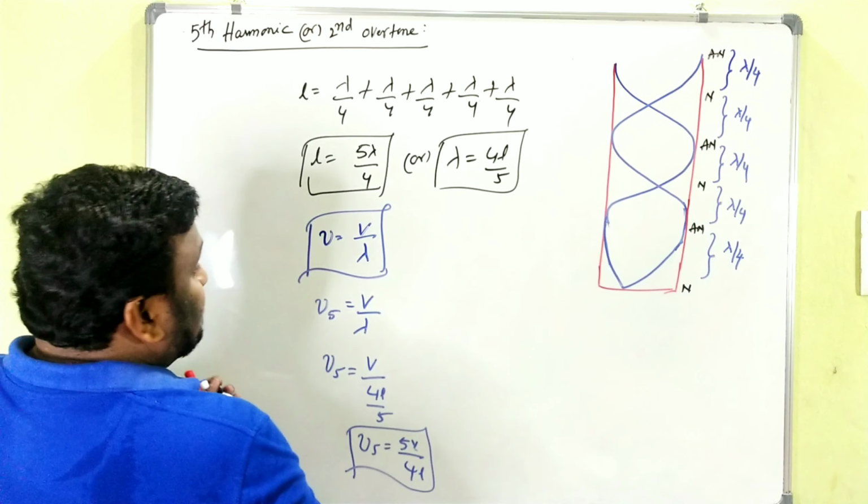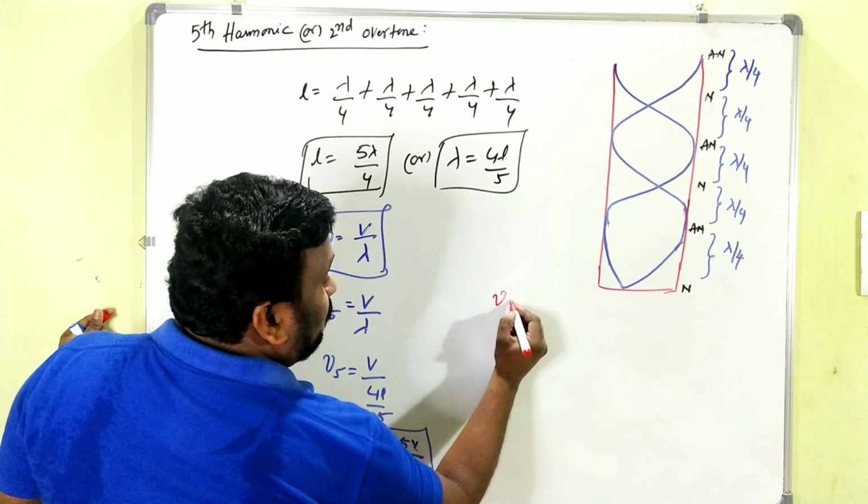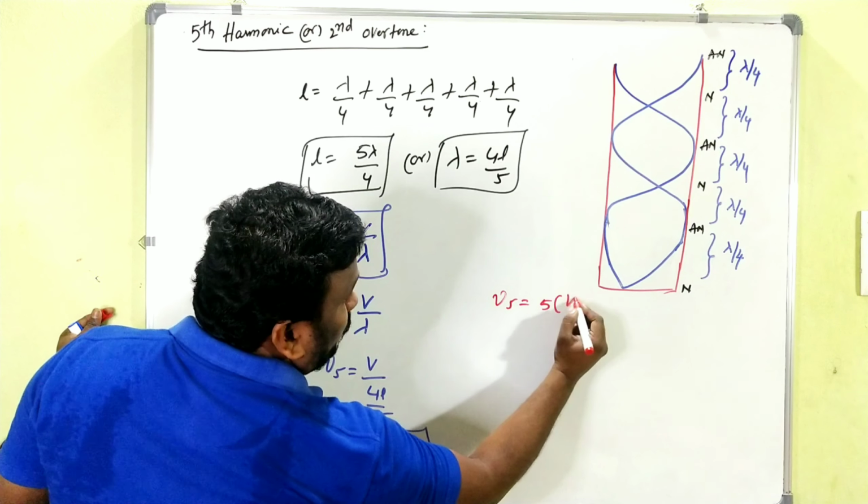From that, children, nu 5 is equal to 5 into V by 4L.